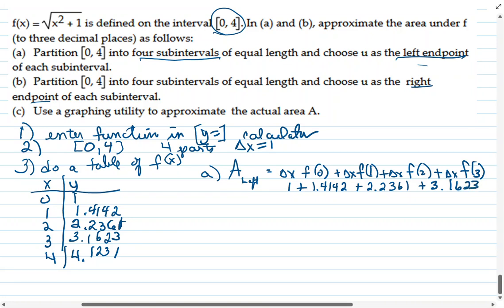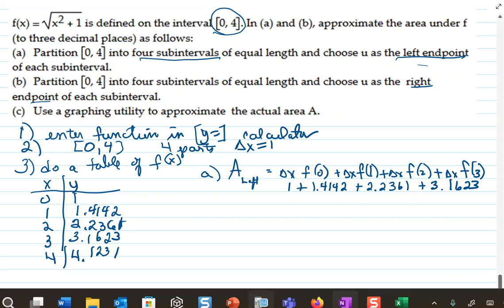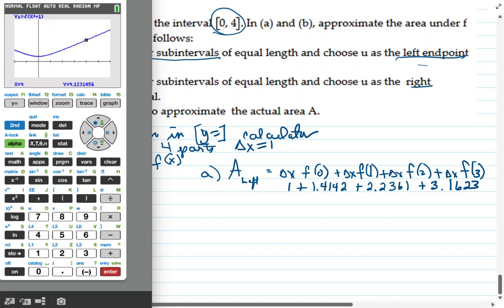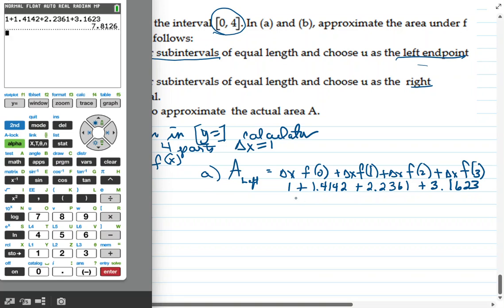We're going to do the calculator, and I get approximately 7.8126.